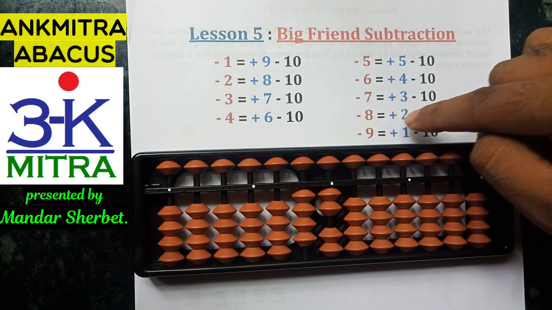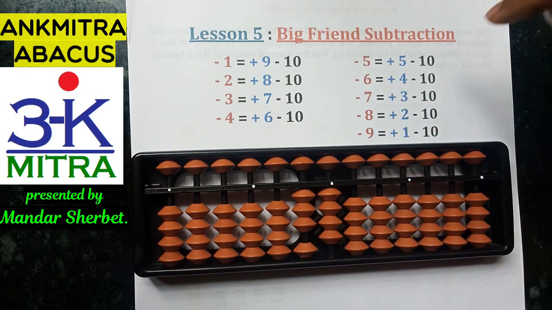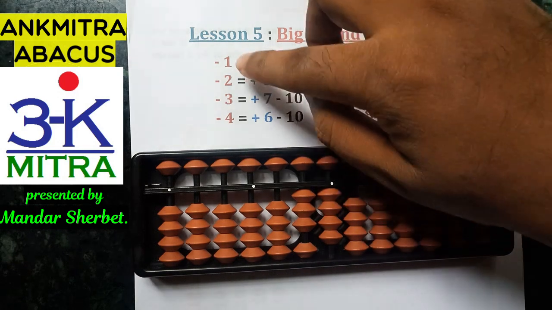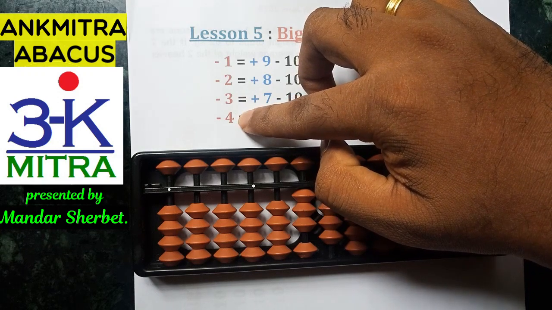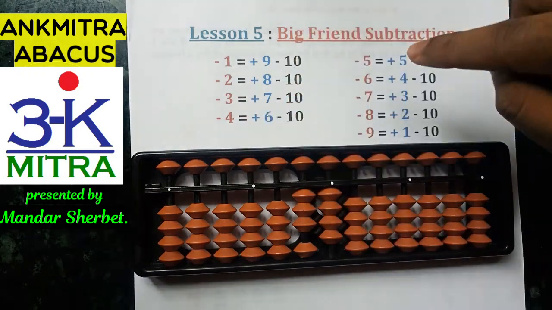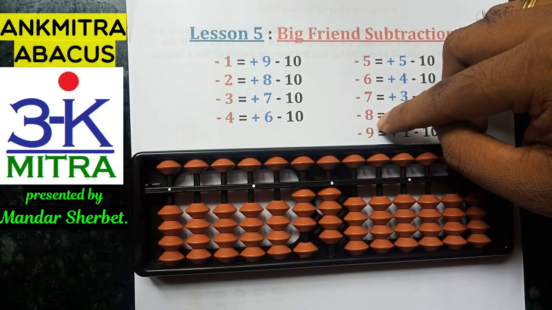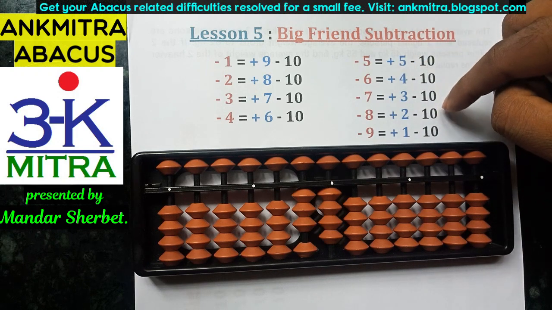The big friend of 8 is 2, so I'll add 2 and subtract 10 on the next left rod, and finish the subtraction of 8. So in this way, for these digits we check whether it can be done using the small friend, and when it's not possible, only then we come to the big friend. In case of these digits, if enough beads are not available to subtract these numbers directly, then we use their respective big friend formulas.